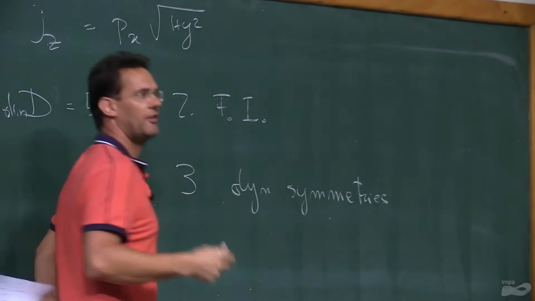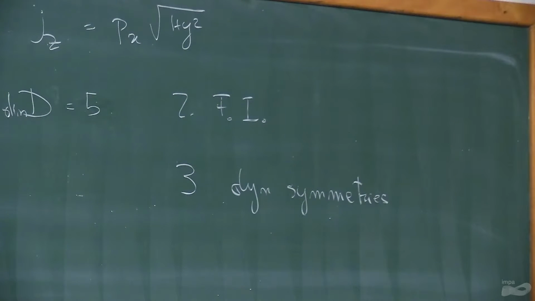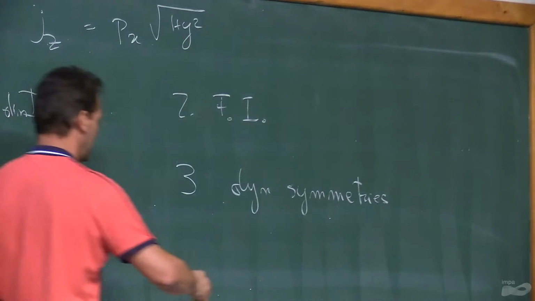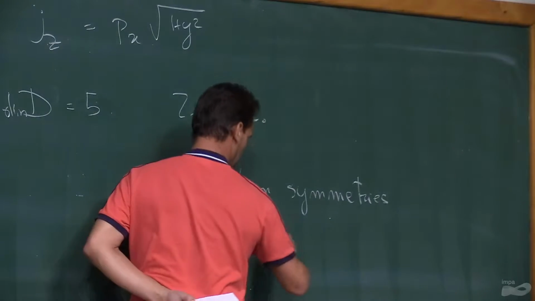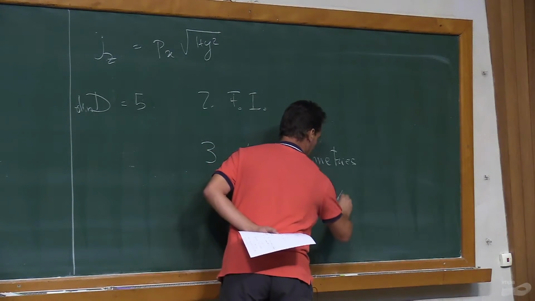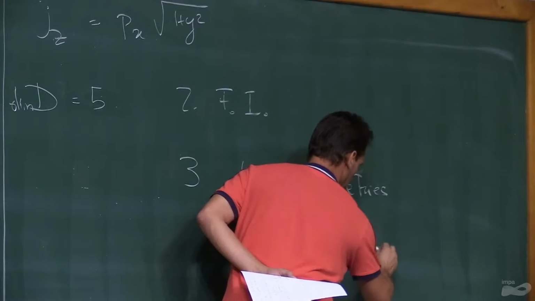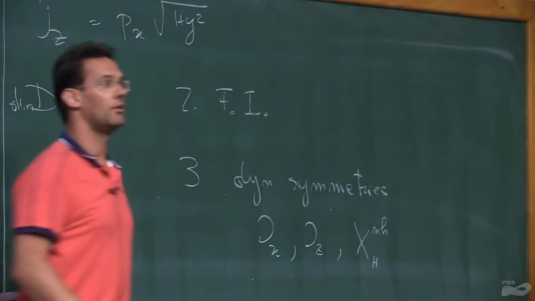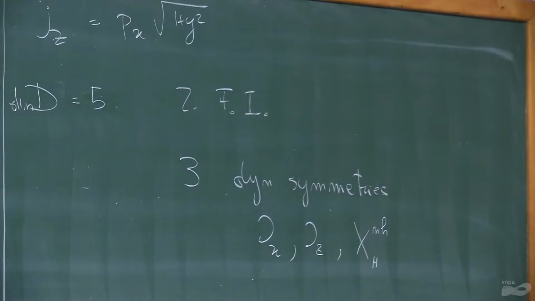Which means there are vector fields that commute with each other, and that also leave invariant the two first integrals. And they are exactly the derivation with respect to x, the derivation with respect to z, and the dynamics that we call non-holonomic dynamics. So we have three vector fields that commute, that are tangent to the level set of the first integrals, the first integrals being independent.